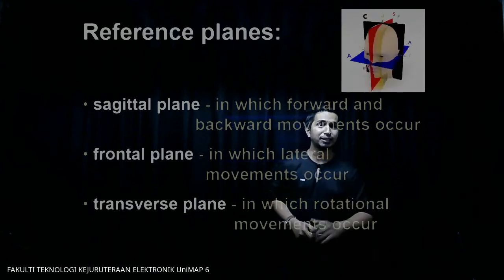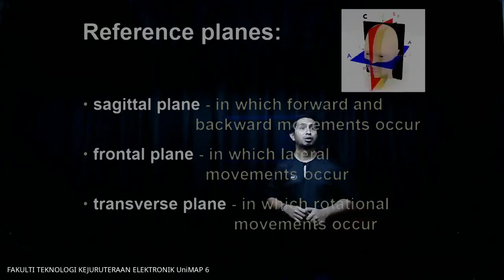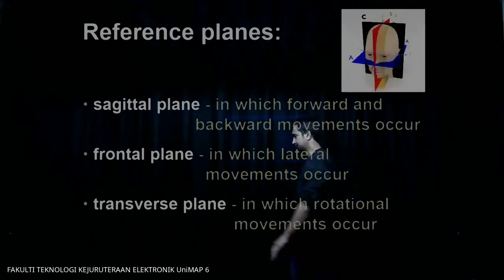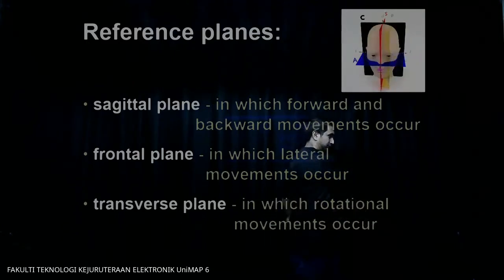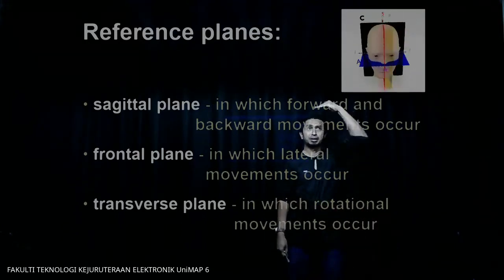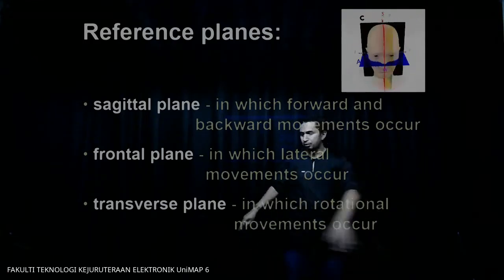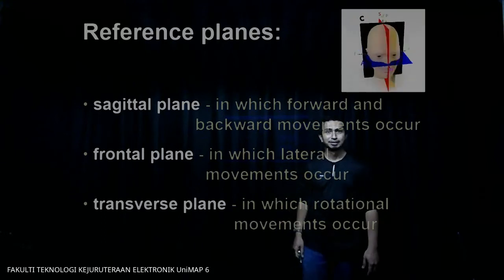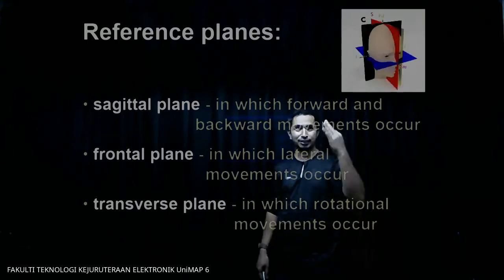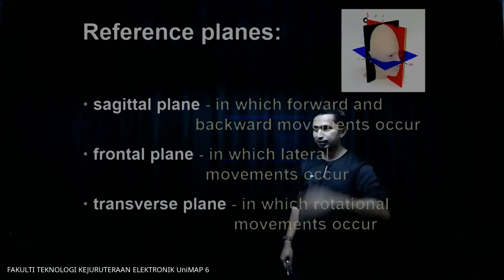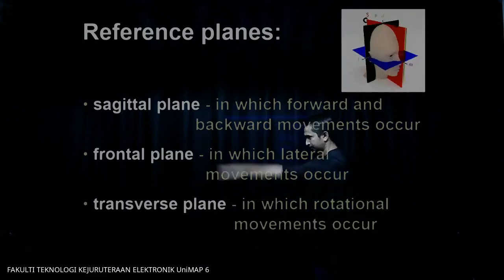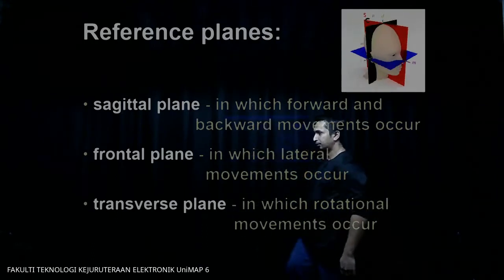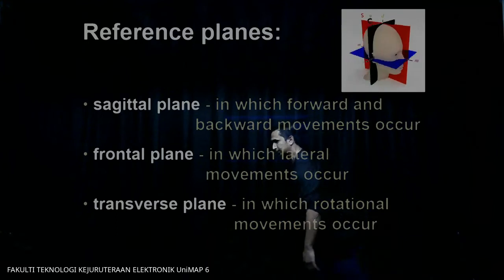Transverse plane is related to rotation. When I rotate my body, if you see from the top, there will be a rotation over here. That is transverse plane. Okay? There are three planes. Sagittal, the movement is front, back, front, back.